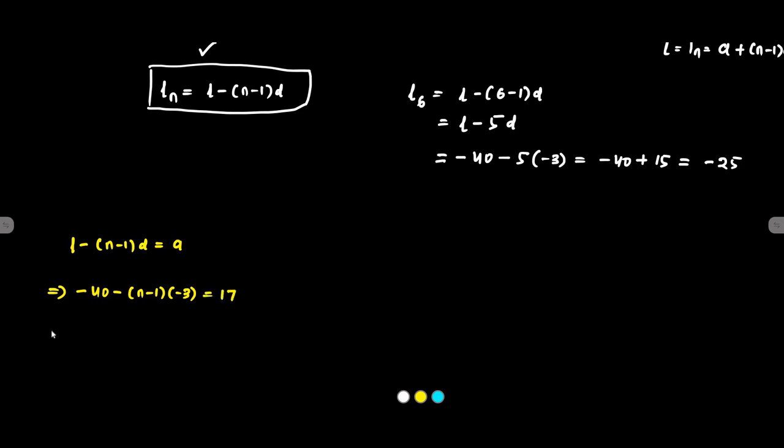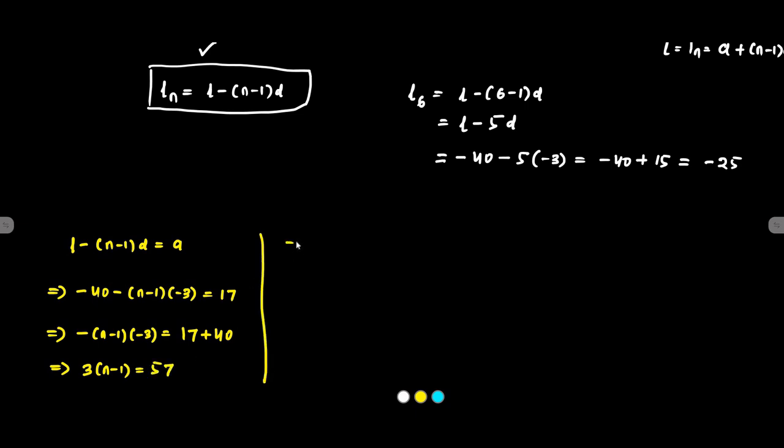Okay, so if we take this minus 40 to the right hand side, it gets added here. So minus n minus 1 into minus 3 is equal to 17 plus 40. Here minus minus becomes plus, so 3 into n minus 1 is equal to 57.